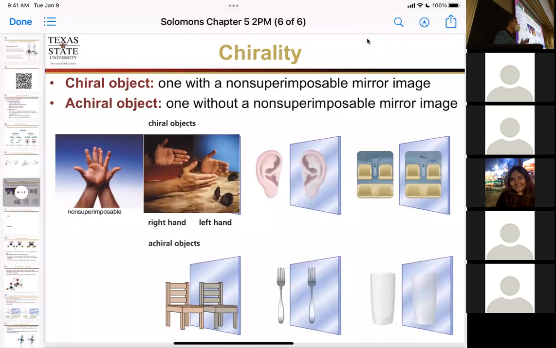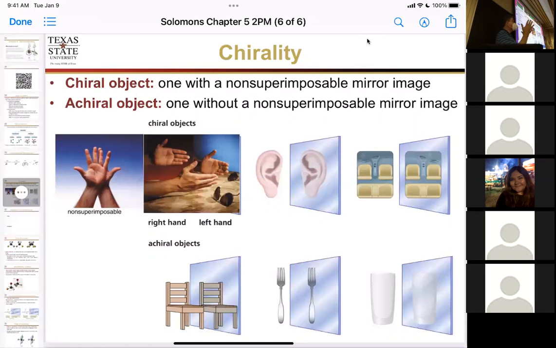You have a hand and you can make a mirror image of your hand and it looks the same, right? But if you try to lay them on top of each other in the same orientation, they don't superimpose. So if you have something that looks like the mirror image but cannot be superimposed, it's chiral. It has handedness. That's the definition of chiral, and that's what we're going to start to look for.